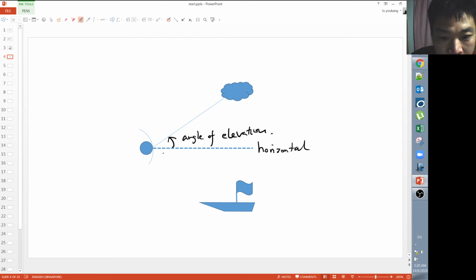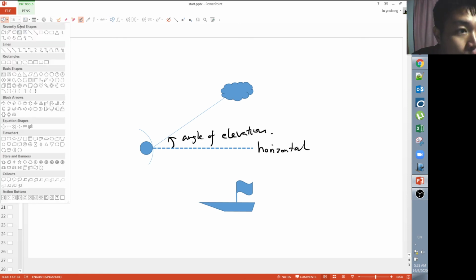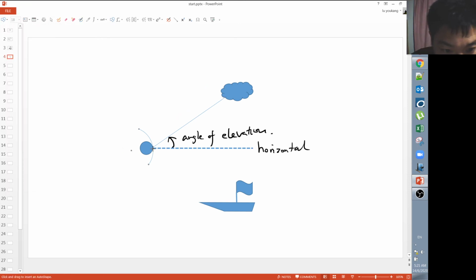Okay, so the angle of elevation is always from the horizontal, you go upward. Now if I want to go from this point to the flag here, this angle is your angle of depression.